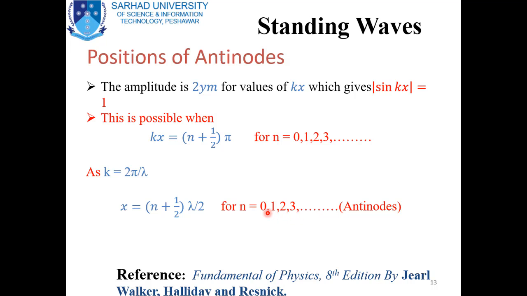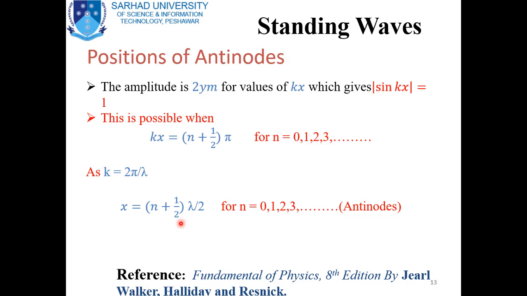If we put n equal to 0, we get the position of the antinode, which is a quarter wavelength away from the origin.